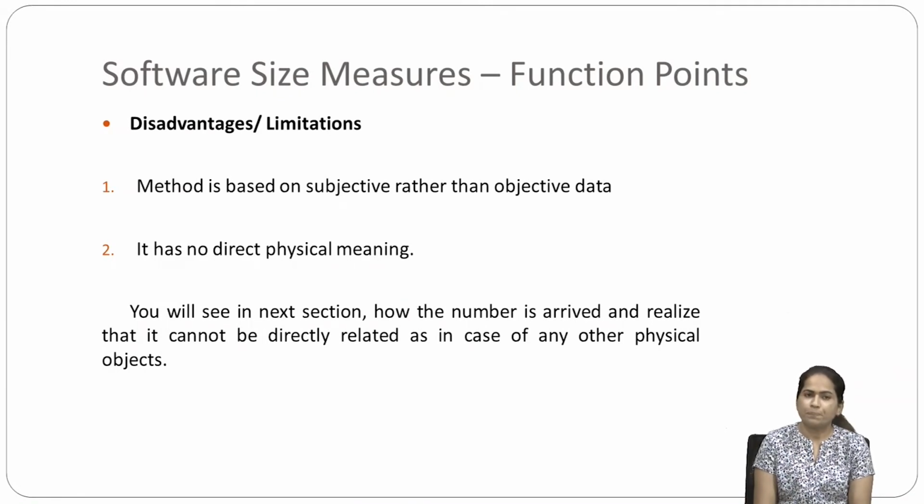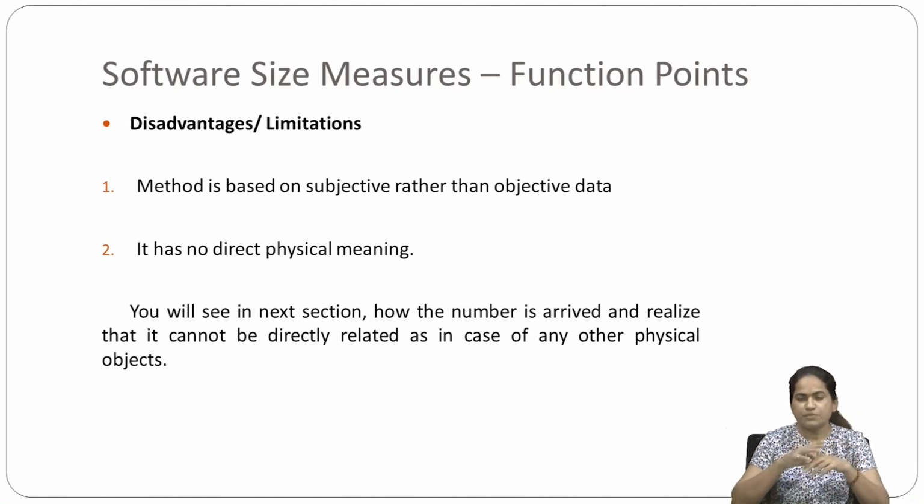The first one is that the method is based on subjective data rather than objective data. It is not focusing on objective type of data, so that is its limitation. Second, it has no direct physical meaning.